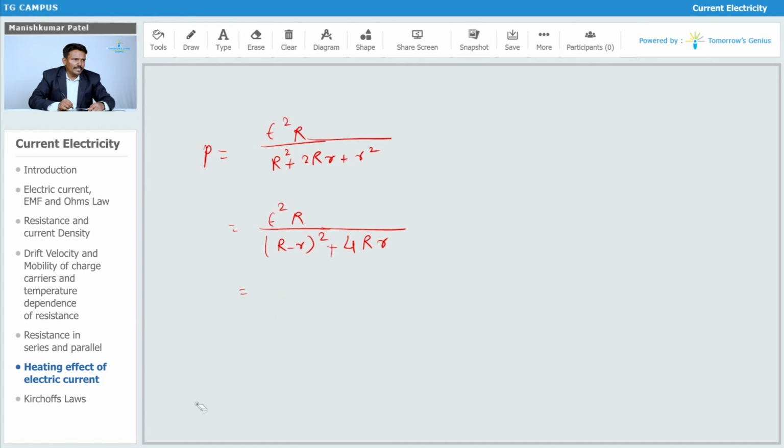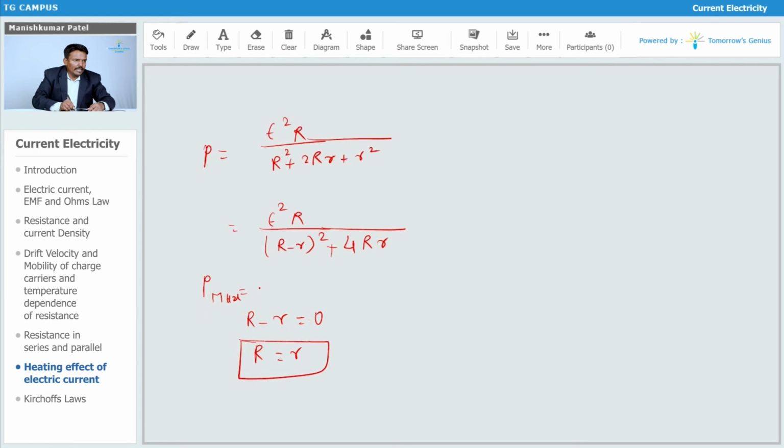For the maximum power, this term R minus r has to be 0. Under that condition, R is equal to r. This is the condition for P max.